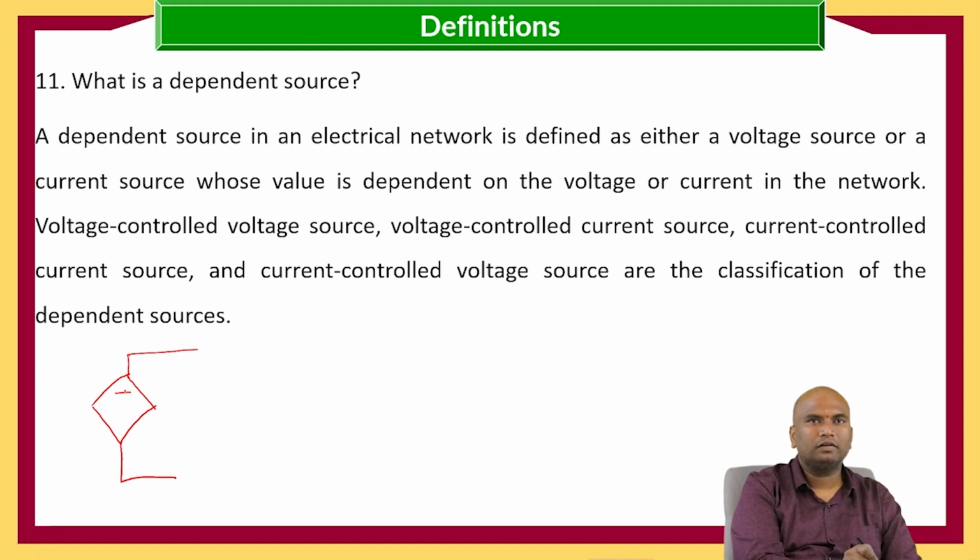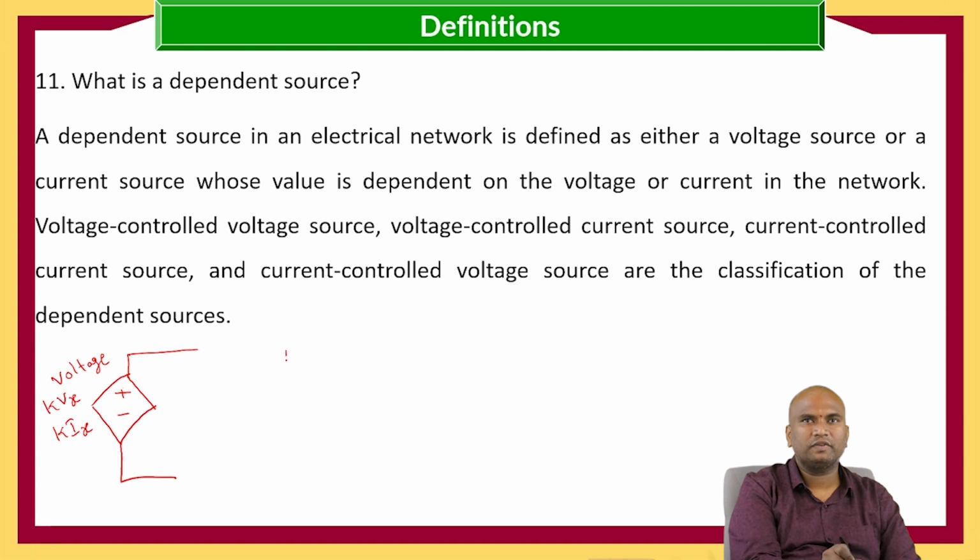Here the plus minus indicates that it is a voltage source. If we take k times Vx, that is a voltage controlled voltage source. If it is k times Ix, that is a current controlled voltage source.